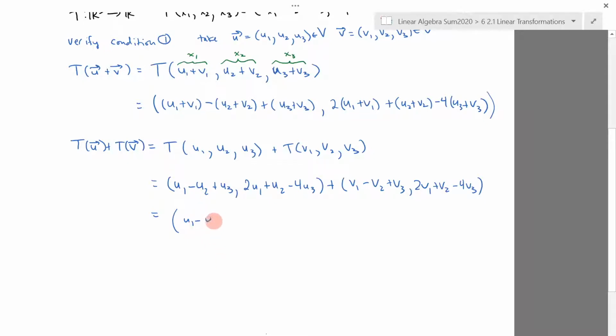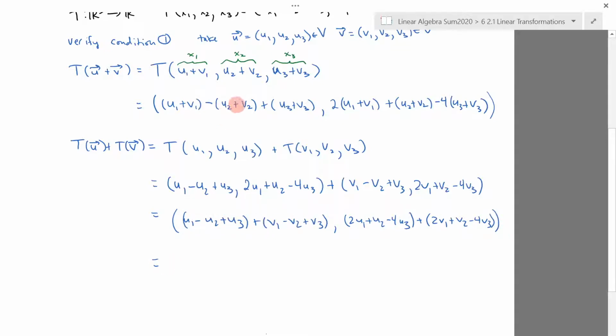So u1 minus u2 plus u3, that's the first component on the left, plus the first component on the right, so v1 minus v2 plus v3, and then I add the second components together, so 2u1 plus u2 minus 4u3 plus 2v1 plus v2 minus 4v3.